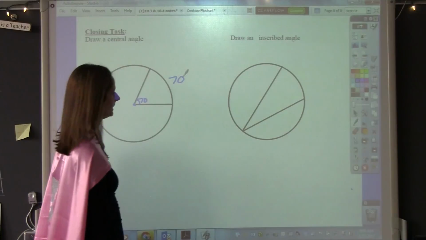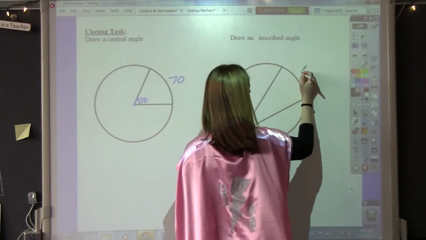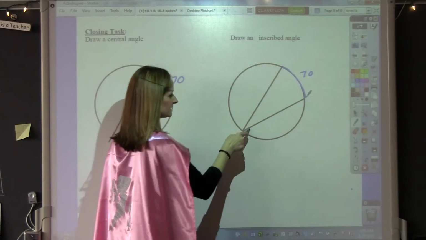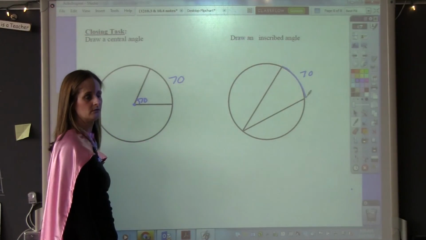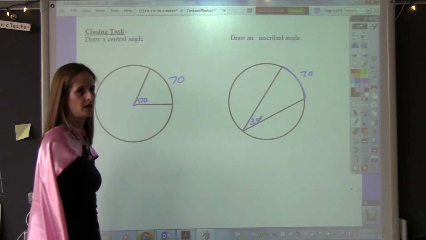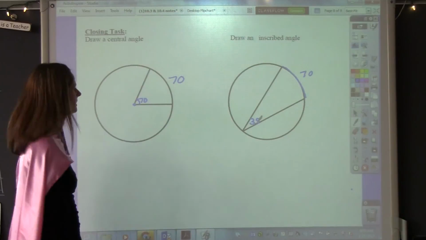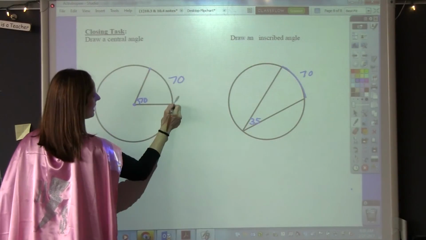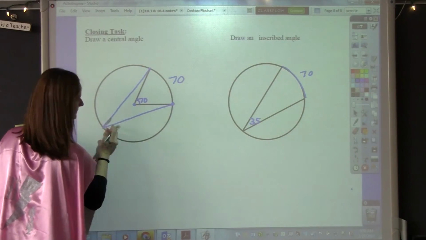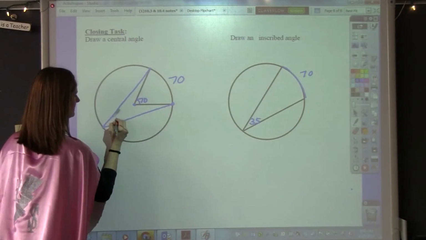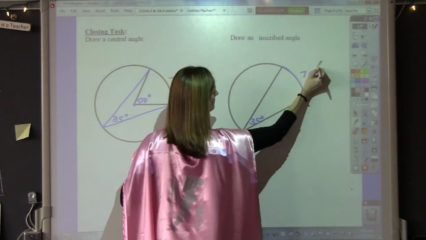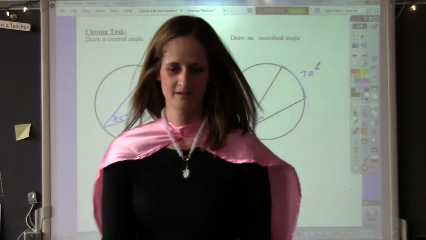And if I keep this 70, what's the measure of this inscribed angle going to be? Half. So if I take these two points here and bring them back to the other side to put here, that would be 35. Done. Thanks for coming out.